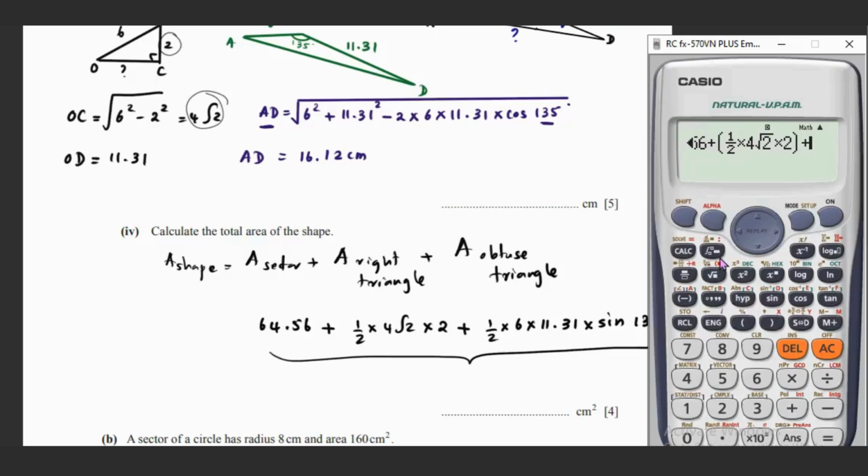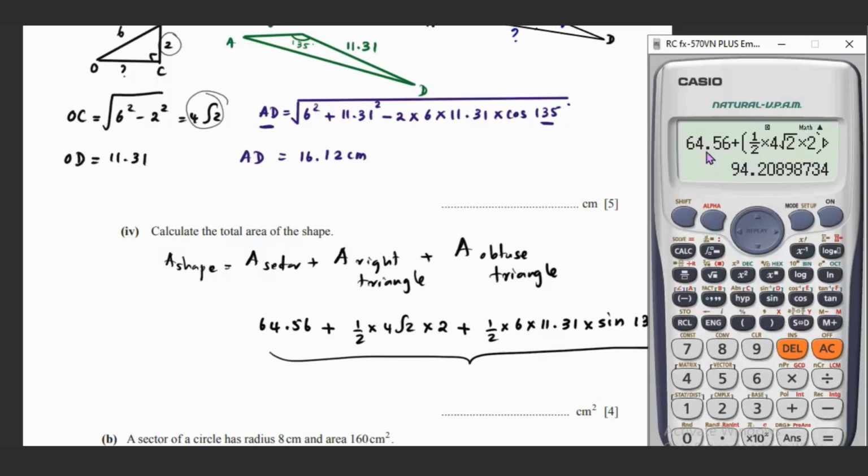With that, I need to add half times the sides, which is 6 and 11.31. And I need to multiply with this sine angle that we have. So that's going to be sine 135. That is what we have as the obtuse angle.